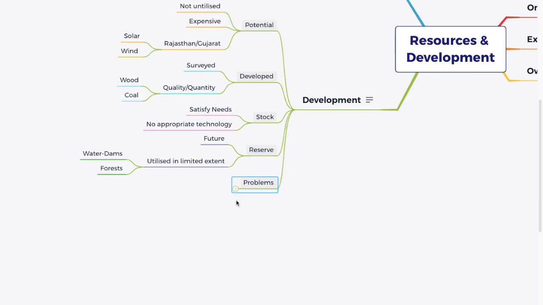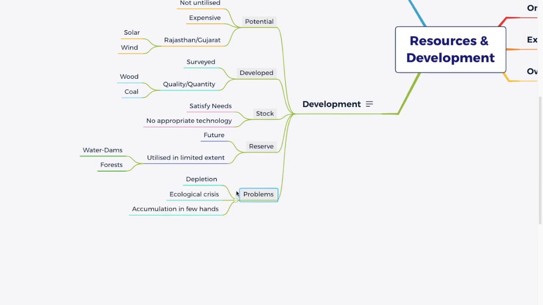With so many resources, we are bound to have problems. So what are the problems? Our resources are getting depleted. So we can see depletion in our resources all around, which is affecting our ecological balance. So our environment is getting greatly affected.